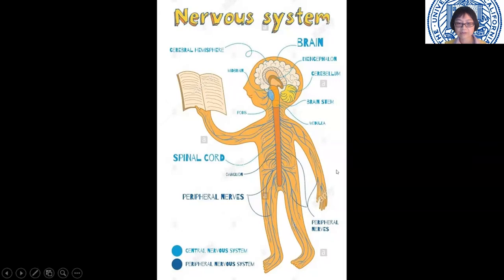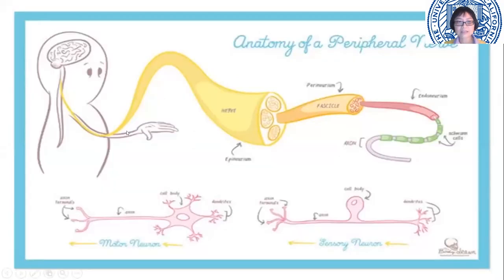The peripheral nerves are the bundles distributing all over our body, collecting information from the outside world and internal organs, and also conducting the commands from the brain and the spinal cord to perform the duties to keep our body functioning appropriately.